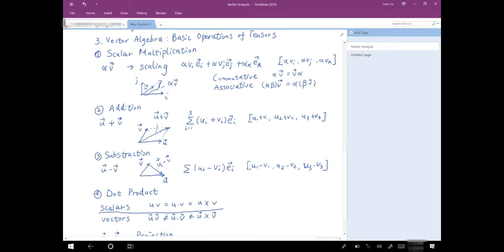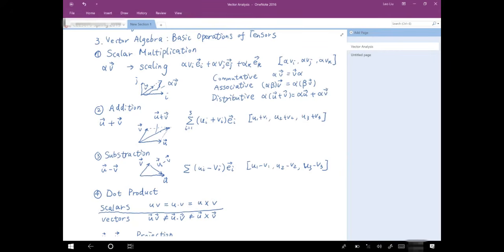And it's also distributive. In this case, alpha times U plus V equals alpha U plus alpha V. So this scalar multiplication follows all three basic rules.